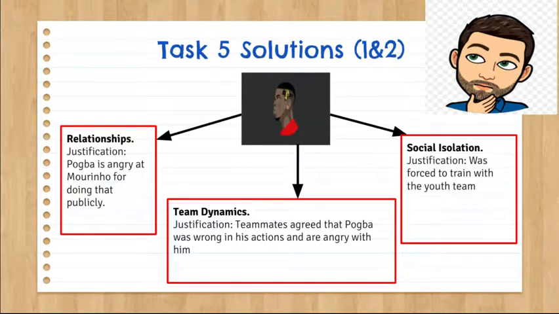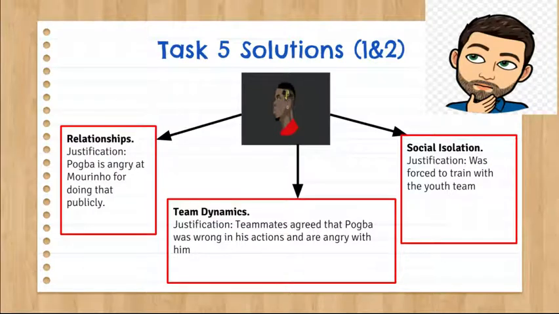Okay, hopefully you've managed to work that out. Quite a tricky question, but a really good one to apply a bit of knowledge. So here's the 3 I picked out. Relationships. So relationship with Mourinho would have been pretty poor after that. I think Pogba thought it was unjust, and Mourinho was clearly angry.